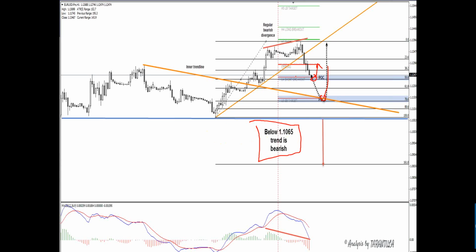Okay, so if you traded this move today where I posted, you could have made some 50-60 pips because you still traded with a trend. Okay, you understand the logic behind it.